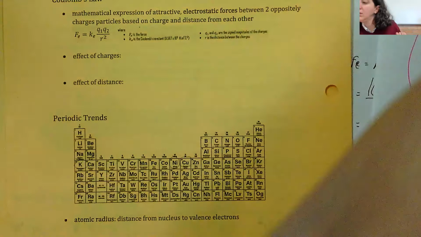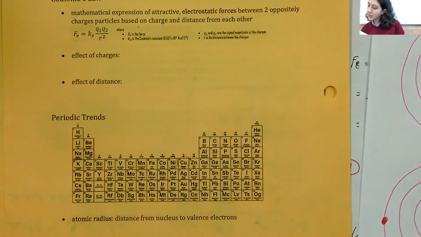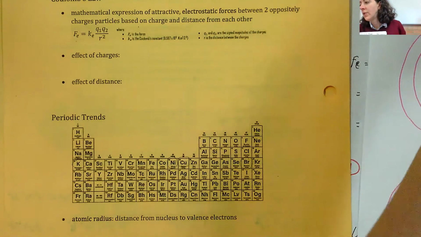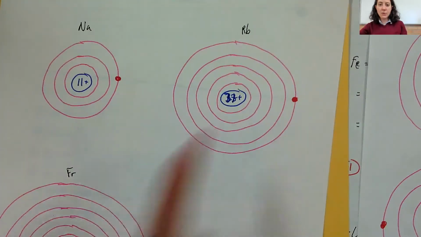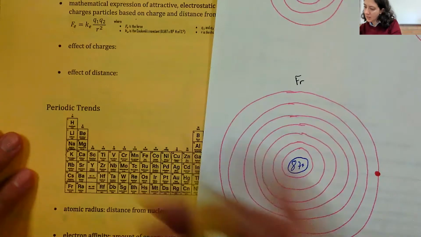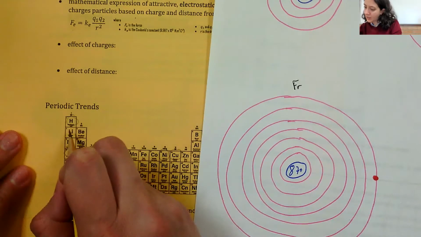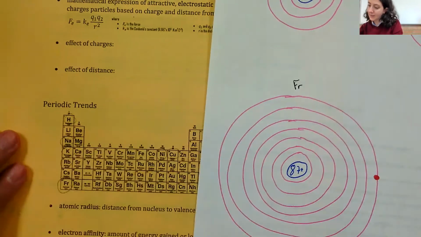Let's look at the next set. Okay. Sodium, rubidium, francium, and hydrogen. So let's just circle those. I think the atomic radius is pretty clear here. I've got hydrogen. I've got sodium. I've got rubidium and francium.